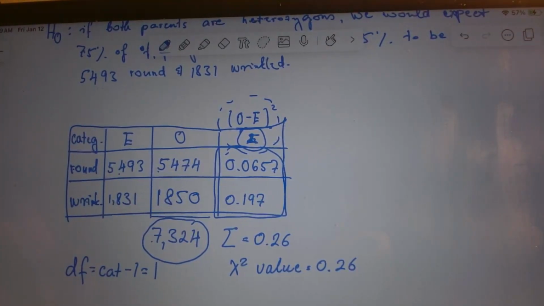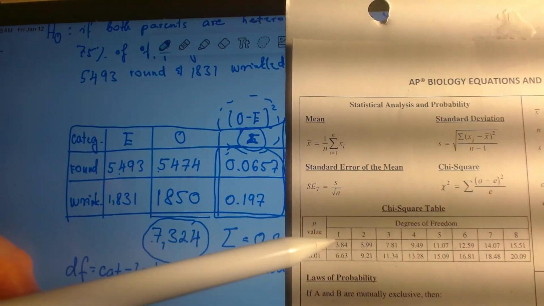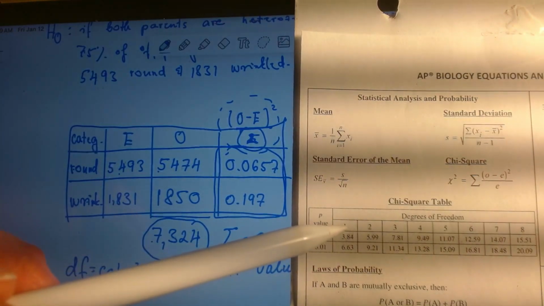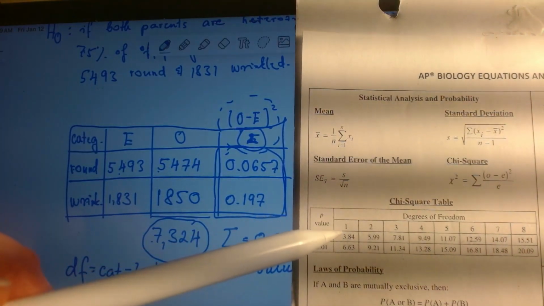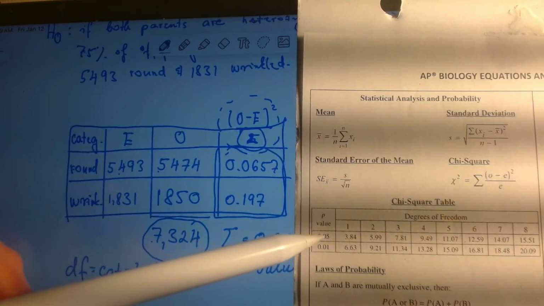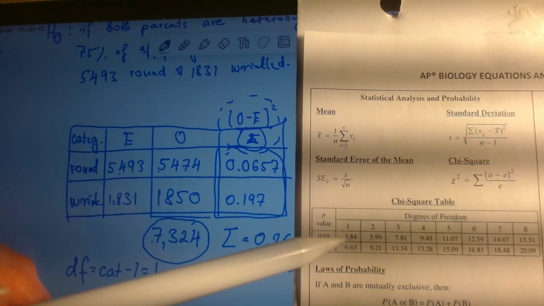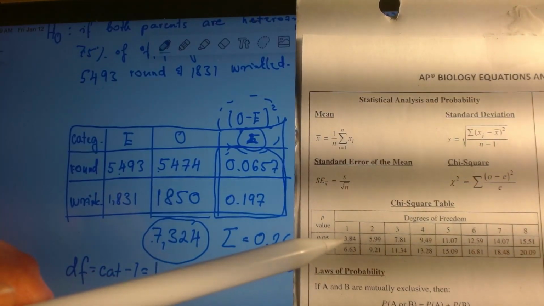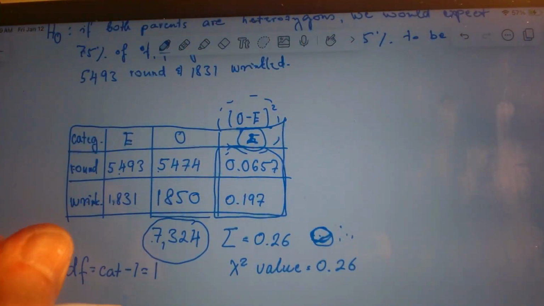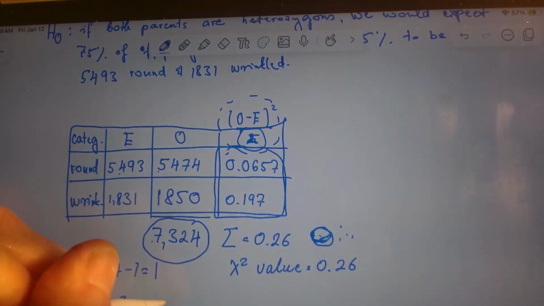So for the chi-squared table, for degree of freedom 1 with the p-value 0.05, that's what we usually have, this is the 5%, the value is 3.84.